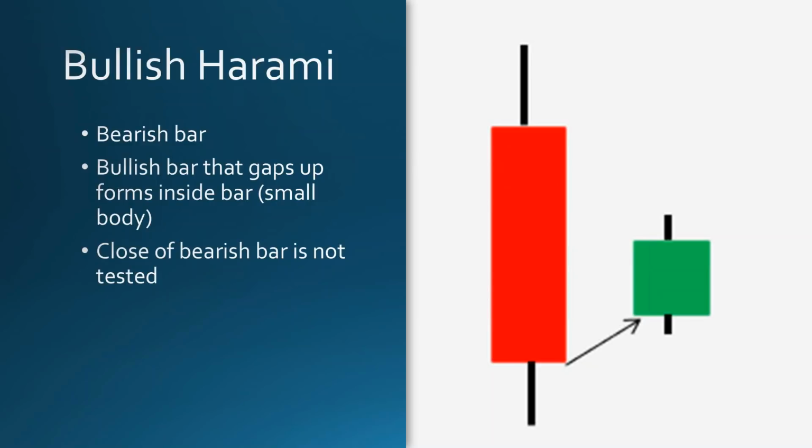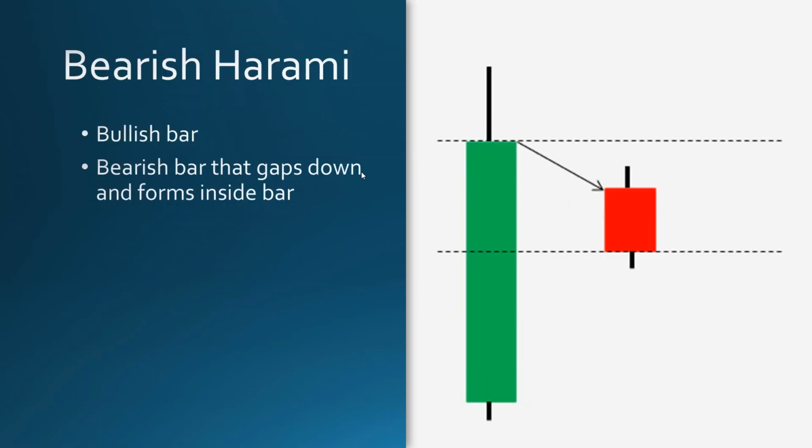Does everybody understand that? This is actually indicative that the next bar will be bullish. Now remember, this must be an inside bar, and the close of the bearish bar cannot be tested.